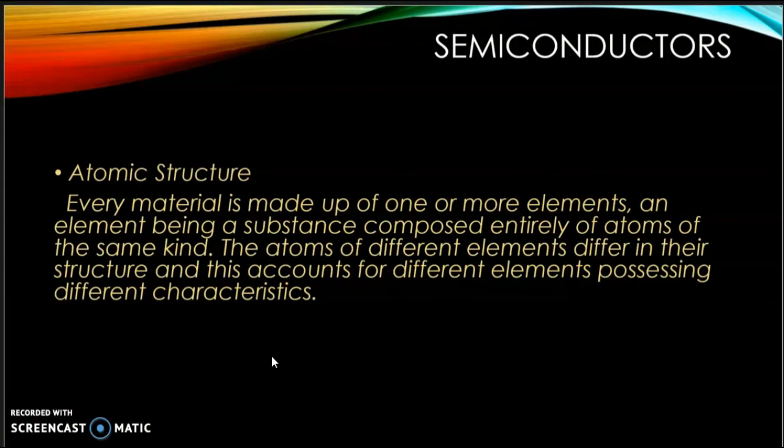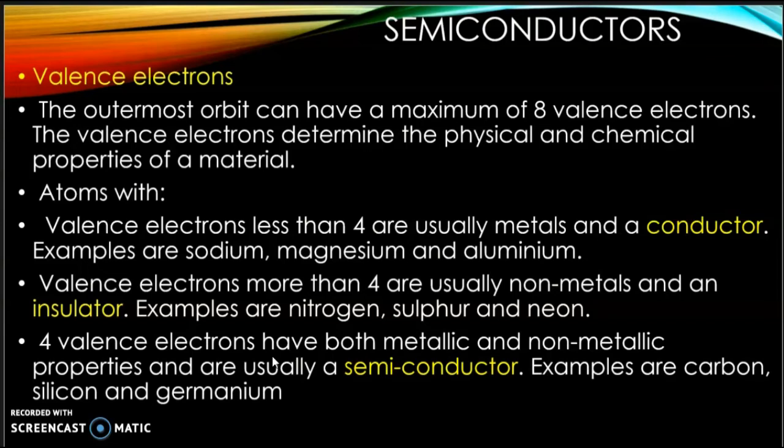So generally, we can divide or group all these elements into three. Grouping of these elements will depend on the valence electrons of these atoms. What do I mean by the valence electrons of these atoms? So these electrons that are found on the outermost orbit of an atom are called valence electrons.